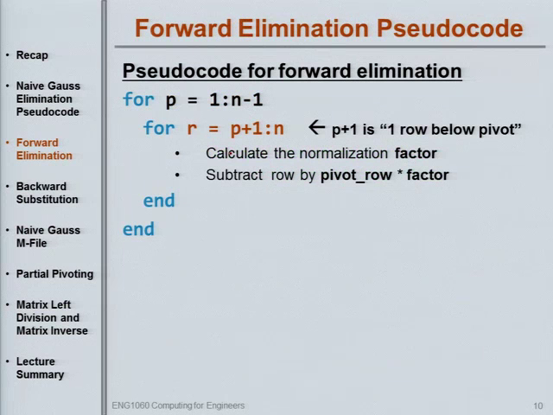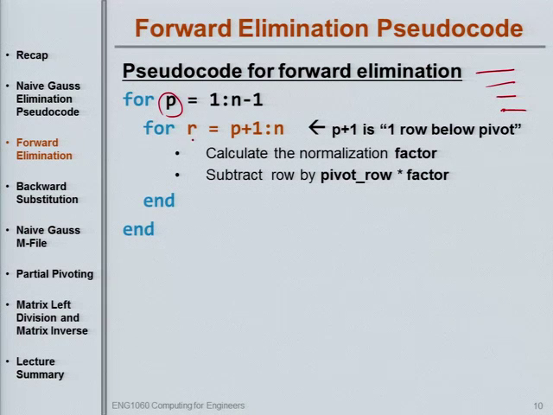For a given row, so we're pivoting row p now. So we've pivoted that row, we've pivoted that row, we've pivoted that row. We're sitting down here somewhere now. We're going to pivot on that row. The only rows we have to modify are rows that are below it. We don't have to do anything to rows that are above it. Okay, so this is the outside loop going down the pivot rows.